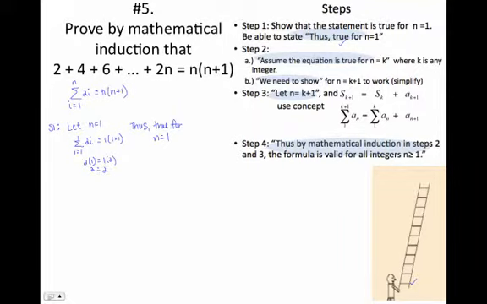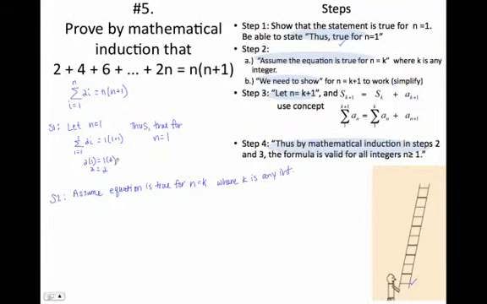We've proven the most basic truth, and now we're going to assume that it's going to work for any integer, and as long as we can show that it works for any integer plus the next, we've shown the domino effect that this will continue on forever. So step 2: we start with, assume this formula is true for n equals k, where k is any integer.